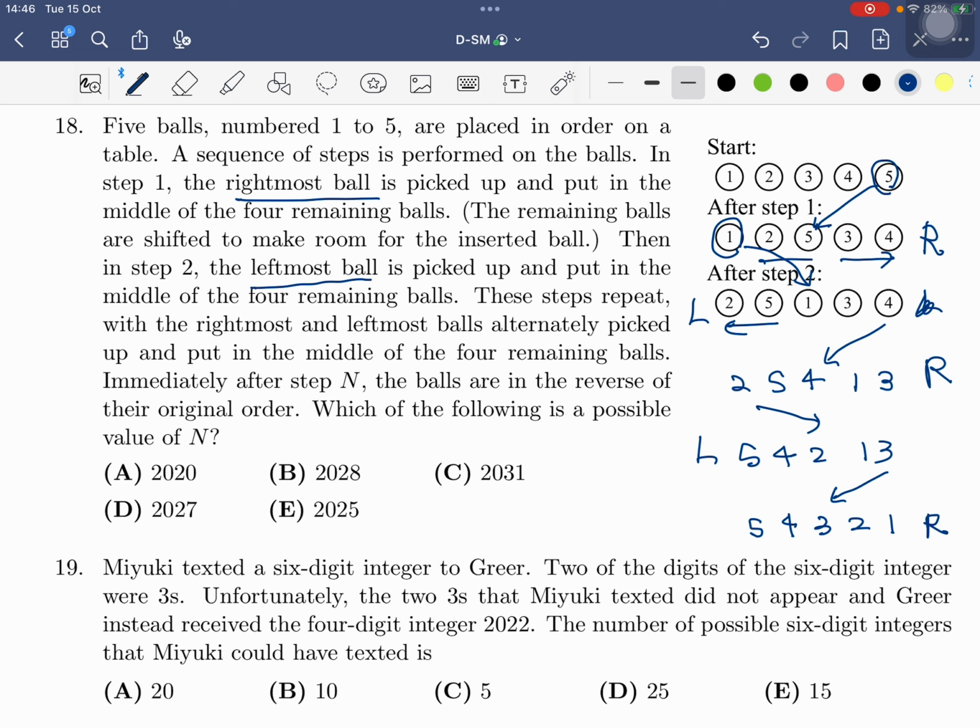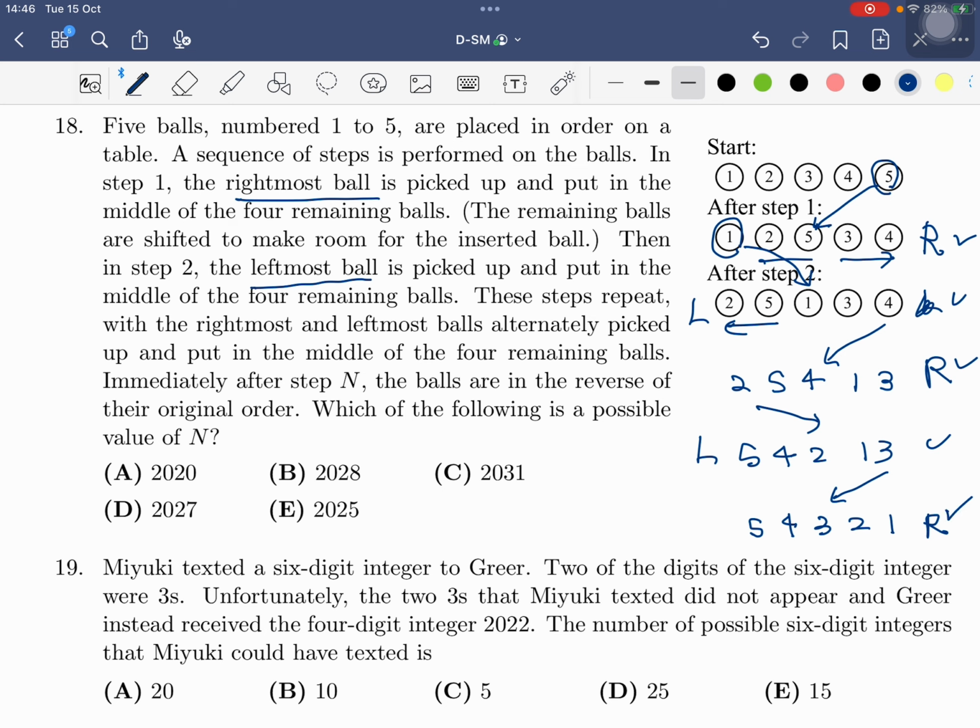Oh, we've already reached it. I said we need to make like 2,000 steps, but we've already reached this descending order, the reverse order from the start, in 1, 2, 3, 4, 5 steps.